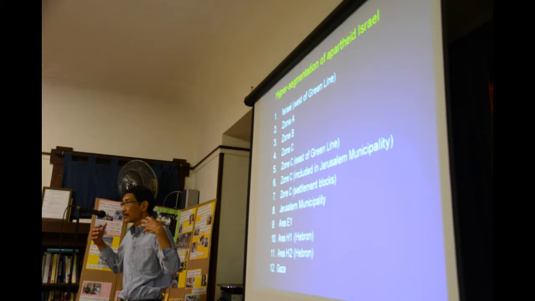And so they basically said, okay, we're going to withdraw our administration from these areas, and we're not going to provide you with medical services, we're not going to provide education, we're not going to do any of that stuff, you're on your own, and then you can govern yourself.